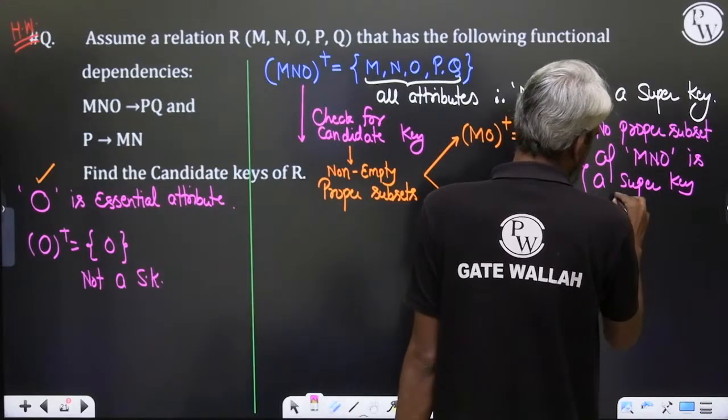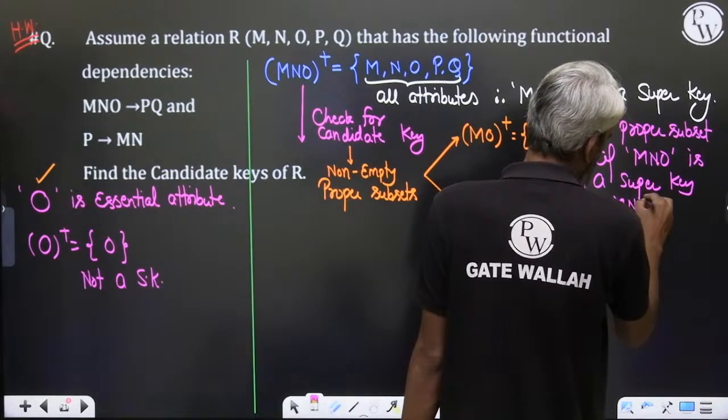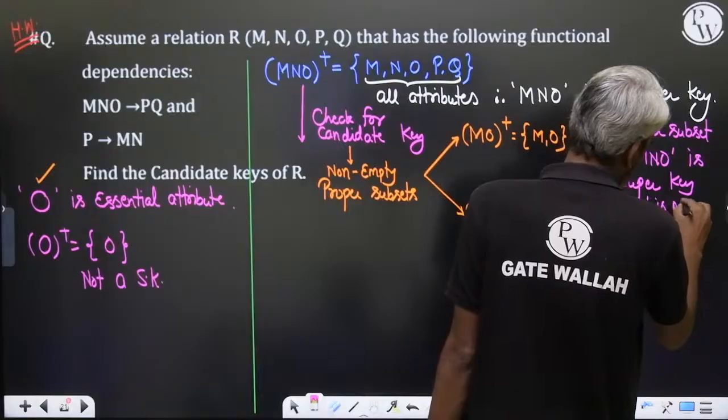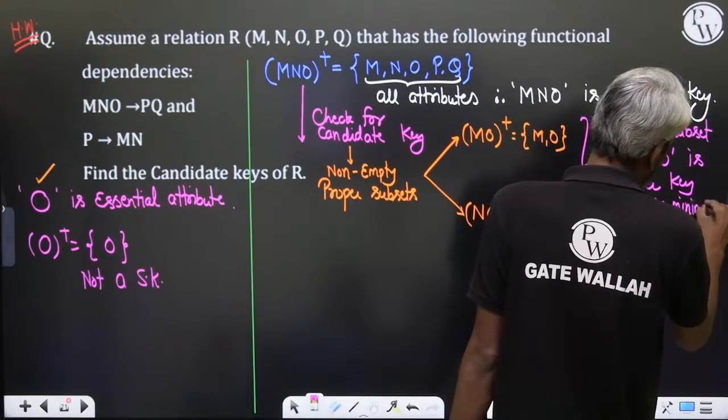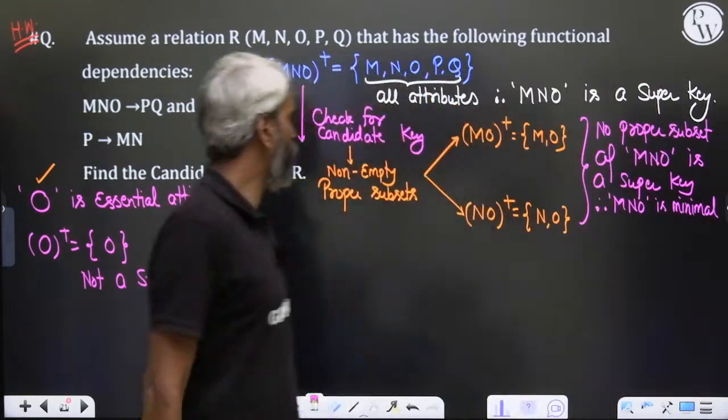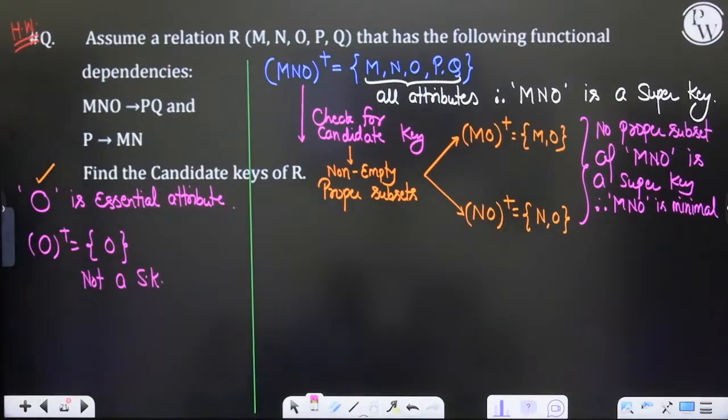Therefore, MNO is minimal. So what do we get to know? That MNO is a candidate key.